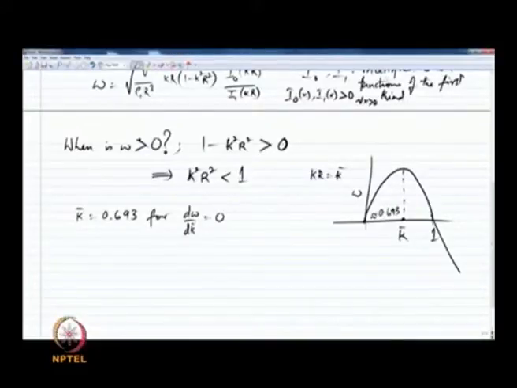So, this k bar being 0.693 tells us the wavelength associated with the disturbance that is likely to grow the fastest. And again, one of those remarkable coincidences of linear instability analysis when compared to experimental observations, is that this particular wavelength has been observed in very simple faucet breakup, liquid jet breakup experiments, let us say from a bathroom faucet.